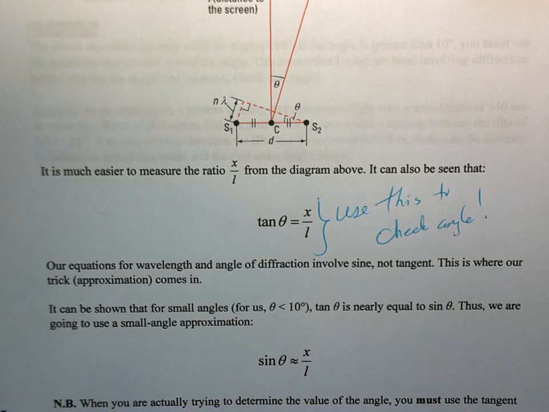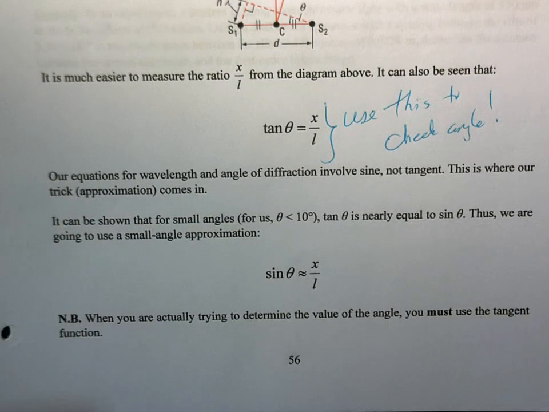Now, tangent theta equals x over L is nice. The problem is the equations that we learned to look at diffraction and wavelength and slits and all that, they have sine. Sine and tangent aren't the same thing. This is where we're going to put in our little approximation, our little trick.